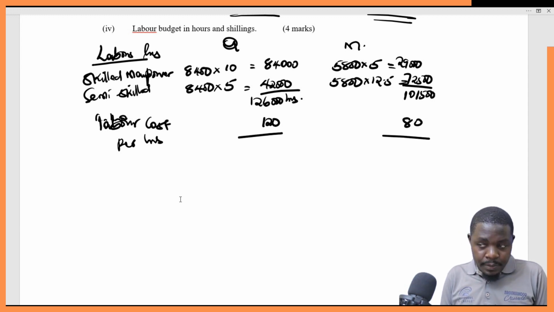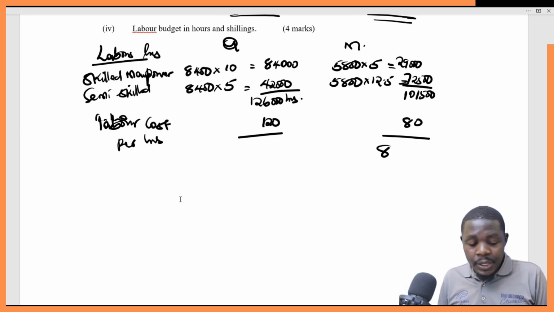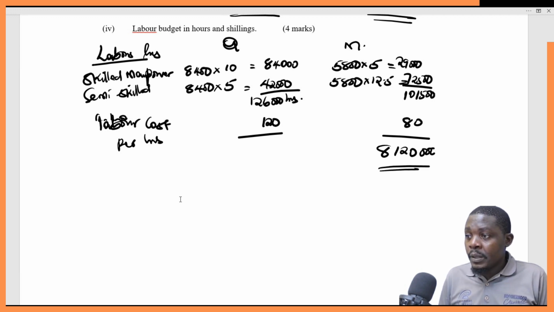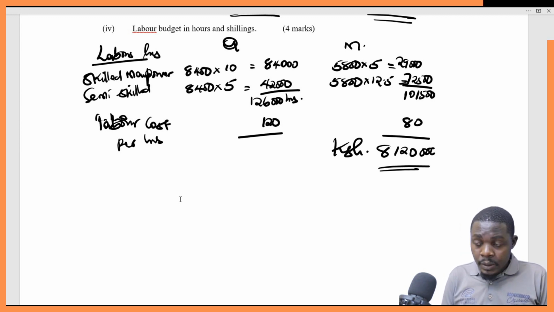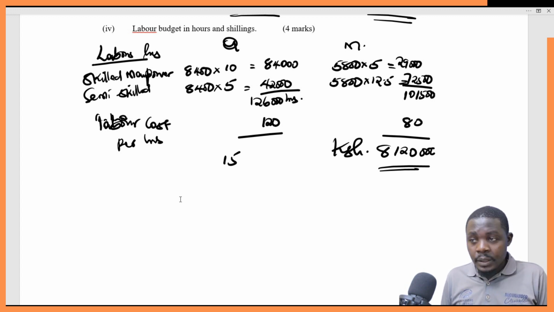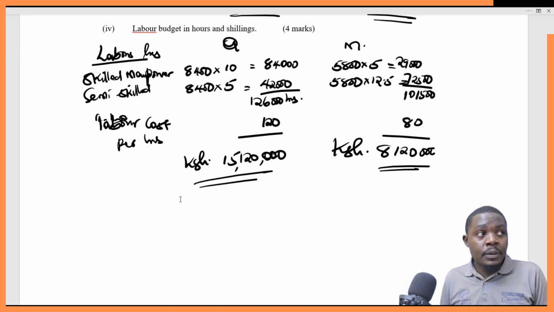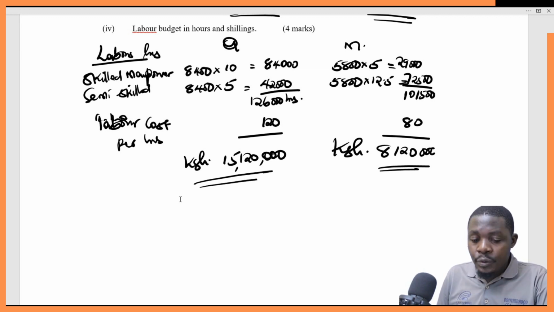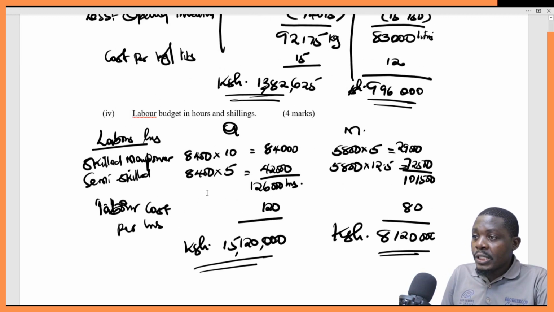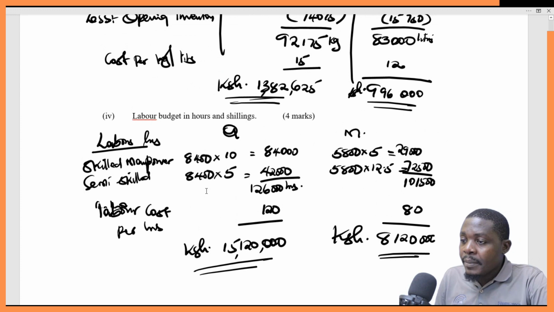Therefore, we can multiply by 80. We get 8,120,000. And then we can also use this one, multiply by 120. We get 15,120,000 shillings. That is the labor budget.